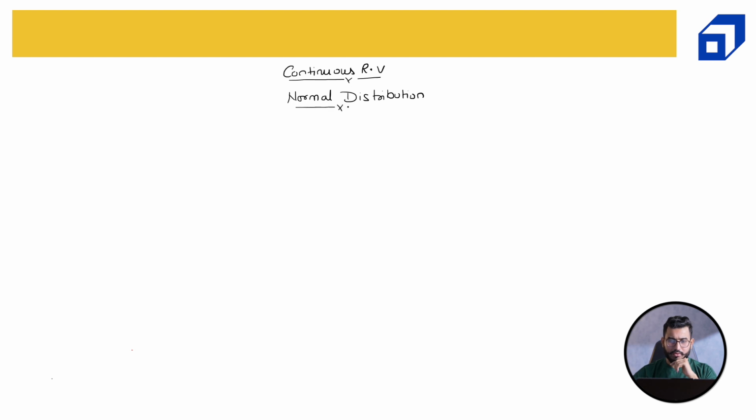And the normal distribution is something that looks like a bell-shaped curve, something like this. Now, what is the meaning of this?